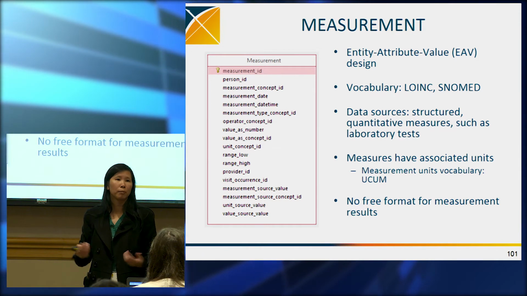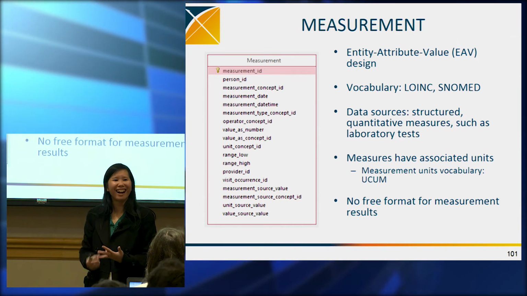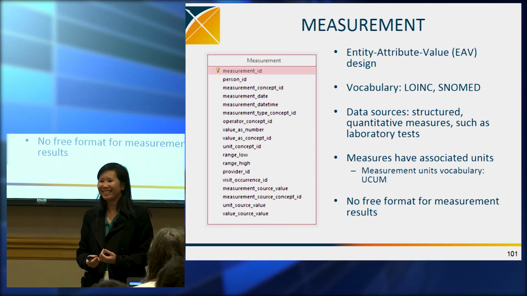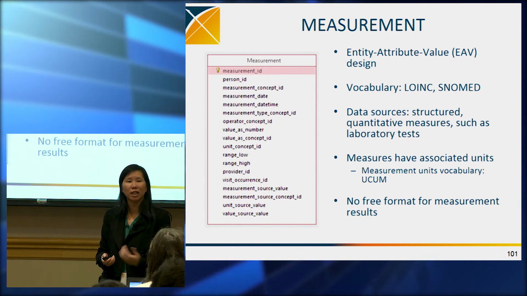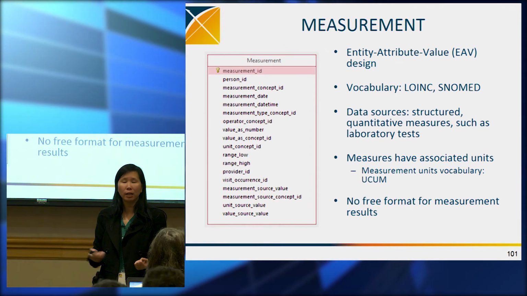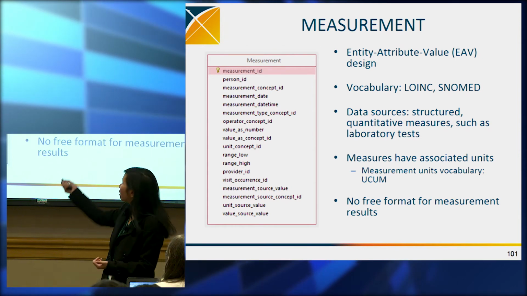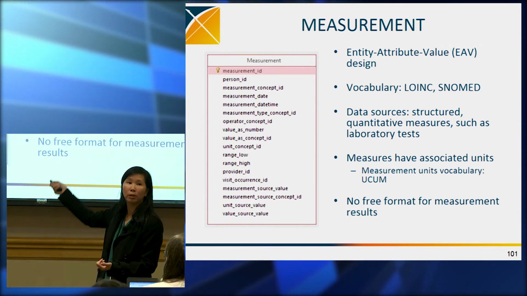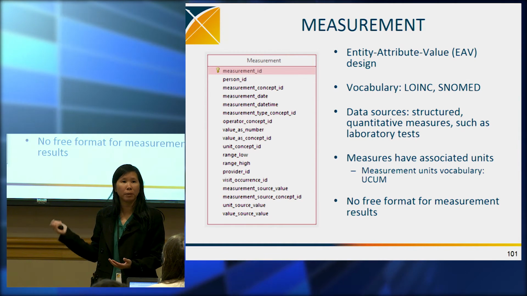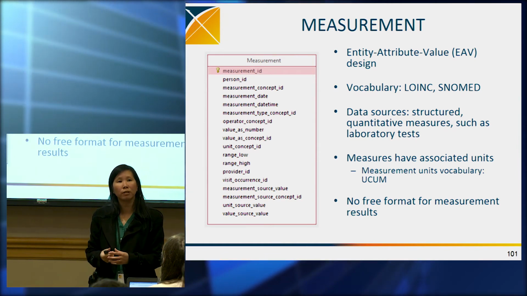You don't have blue urine, but you know, we have green, red, white, yellow, right? So they can be converted into actual text values, but we call it value as concept ID. If they're numeric, then they would be the value under a number, right? So your weight, your height would be numbers, and then your unit concept ID would be your unit of measure.